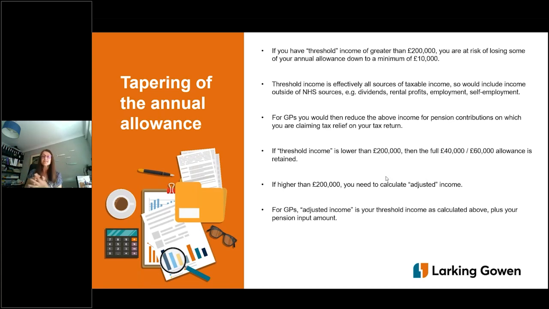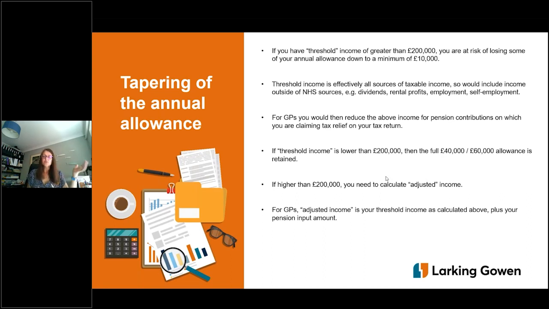So there's a further sting in the tail with the tapering of the annual allowance. So if, as Andrew said, you've got your 40,000 or going forward, but when I say going forward, it's only for this tax year from 2023. So we've still got 22-23 when we've only got a 40,000 annual allowance. That 40,000 or 60,000 annual allowance may be reduced down if you're deemed to be a higher earner.